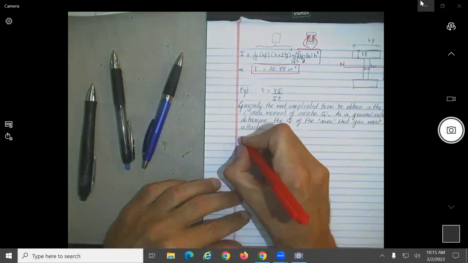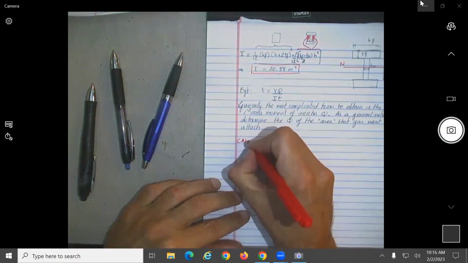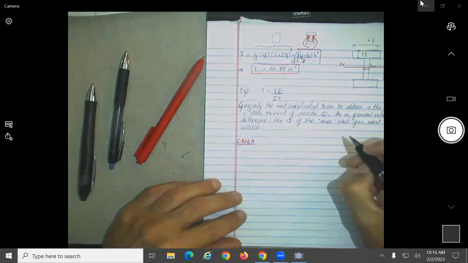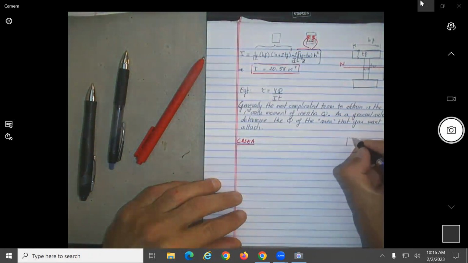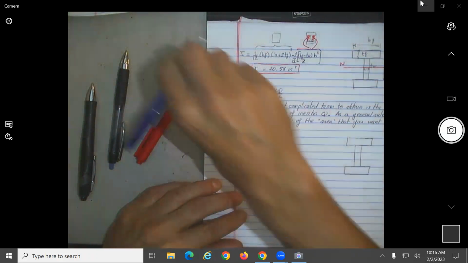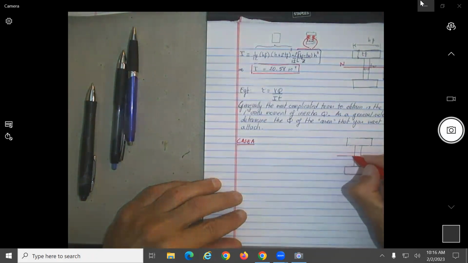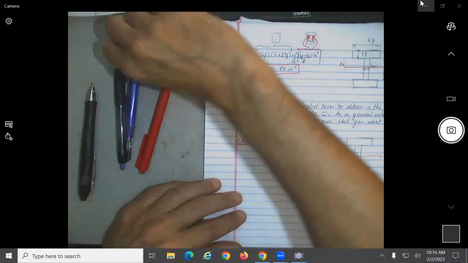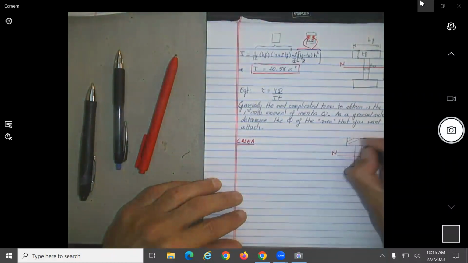I'm not going to start the discussion. So for case A, what would be the problem? We have again the structure, and I'm going to do here the neutral axis. So what is the piece we're trying to attach? This one over here.